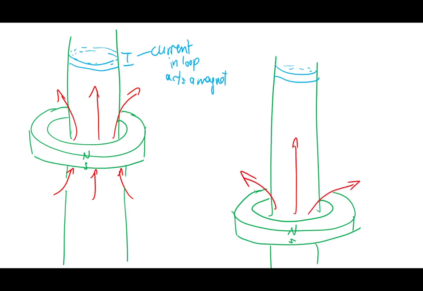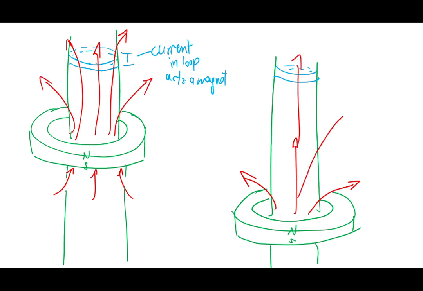And you have a weaker magnetic field. If I can draw it more explicitly over here, you can think of all the magnetic field to be going through here, like that. Whereas here, you have less magnetic field that goes through the loop now.